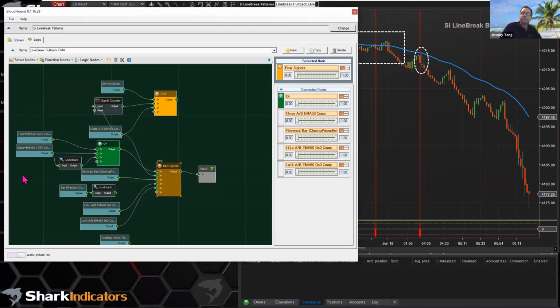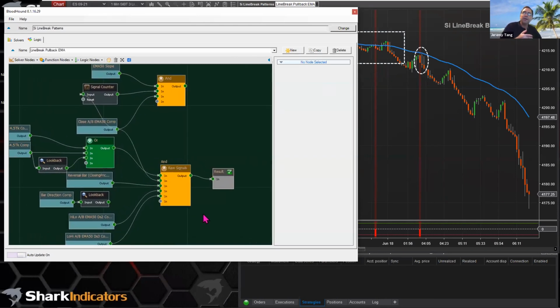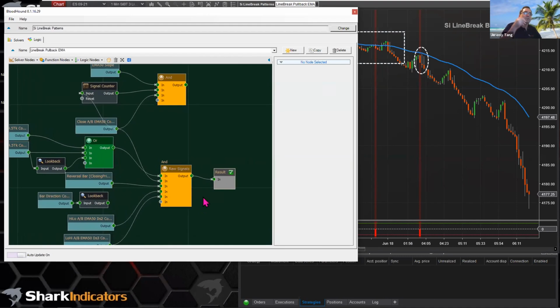As it happens, programmers call those AND nodes, or AND logic. So I'm creating another AND node here, so I can make basically another system.